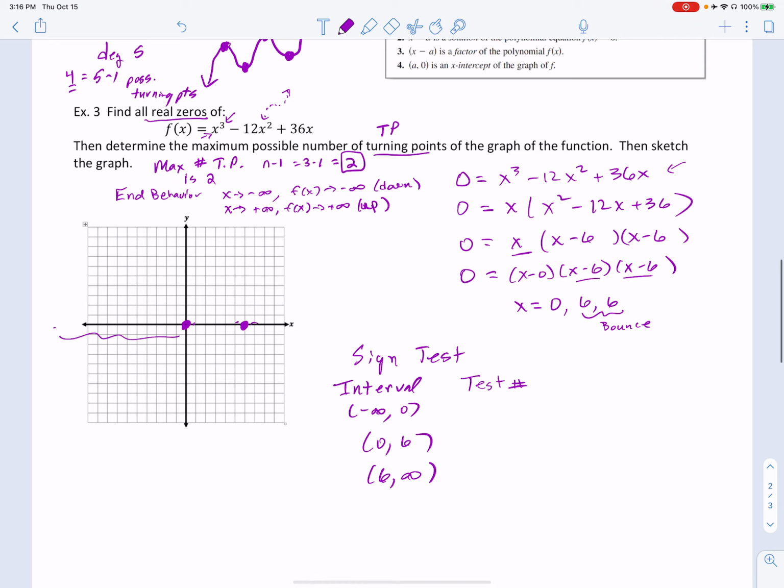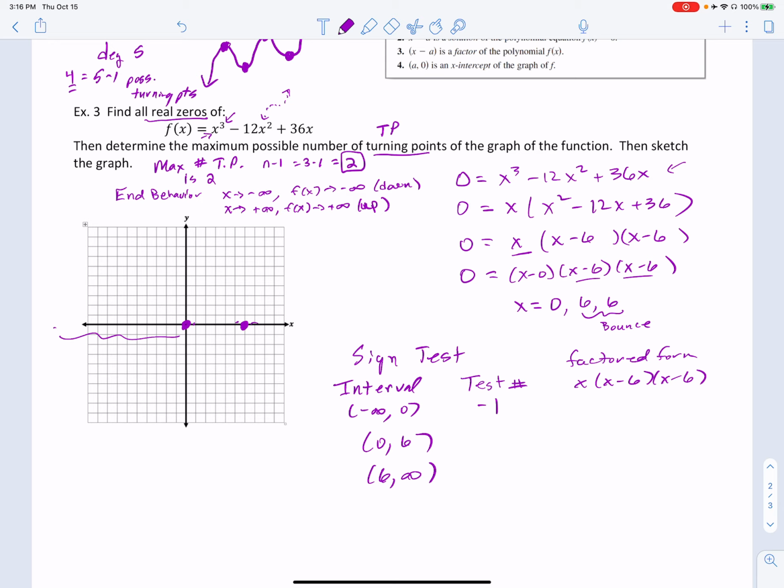So some x value in this interval, well, smaller is probably better, so I'm going to pick -1. Then I've got the factored form, and that's the form you want to plug into. We're just interested in the signs of each of these quantities if x is negative.